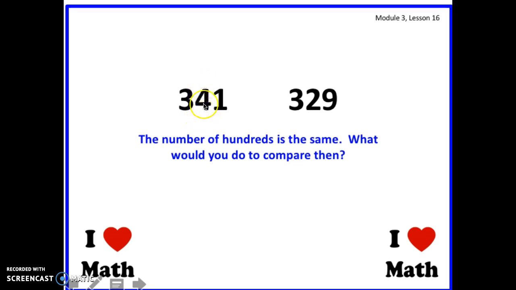So we have to go to the next biggest place value, which is the tens. So we have to look for the number that is bigger. Is 4 bigger or 2 bigger? 4 is bigger. So that's how we would compare them. And if I was going to do my symbol, it would be this. 341 is greater than 329.